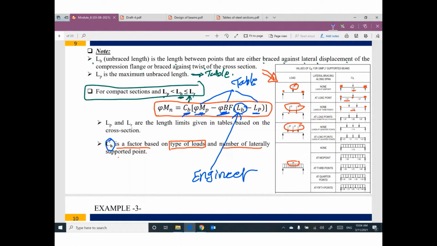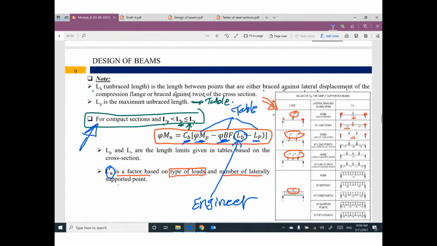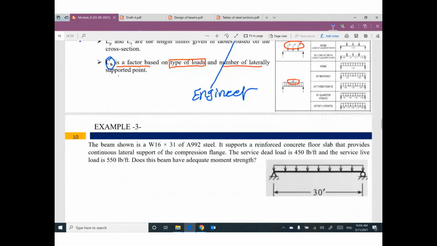Let's do an example and see how we can decide whether you are in this condition or this condition, and how I can use these equations.